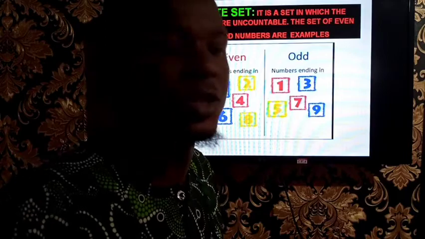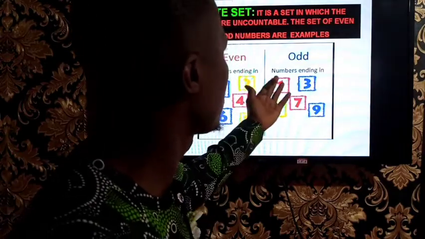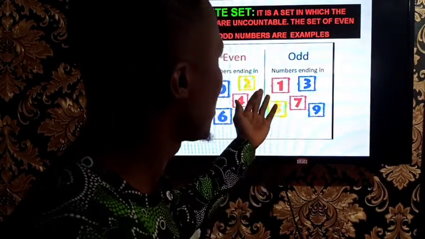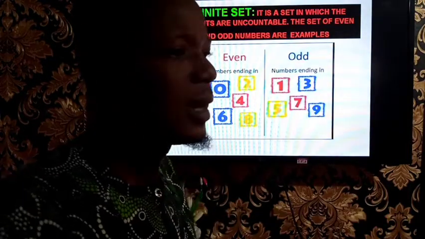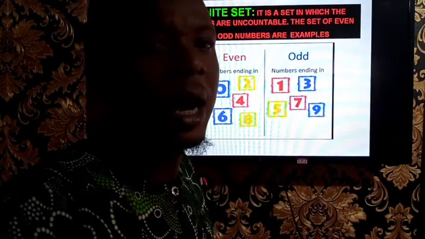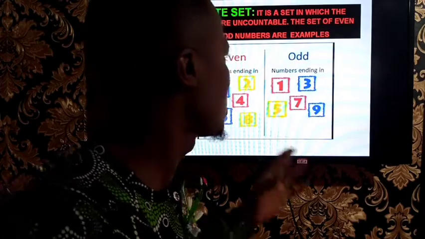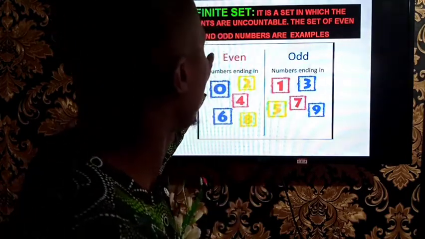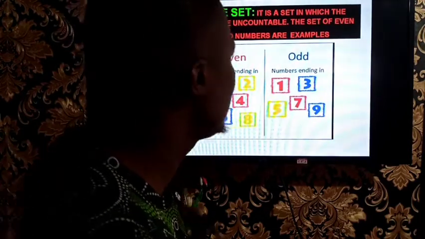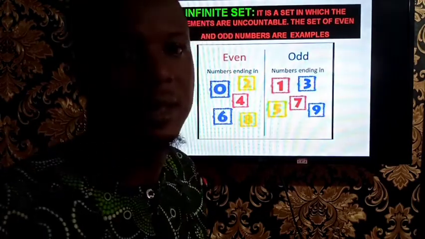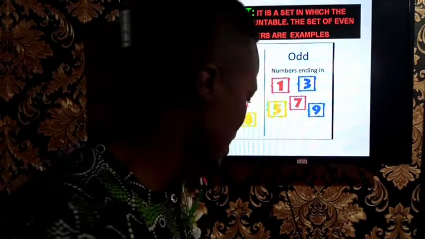You cannot exhaust them. But when you talk about the set of odd numbers, here you have 1, 3, 5, 7, 9, 11, etc. You cannot count the elements of such sets. So that is why they are called infinite sets. So when the elements of a set are uncountable, it means that that particular set is an infinite set.